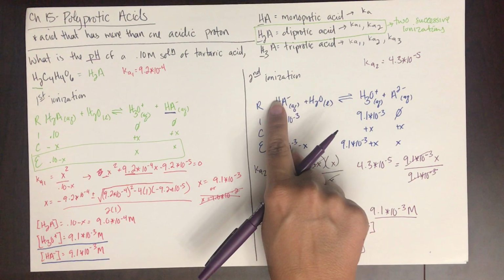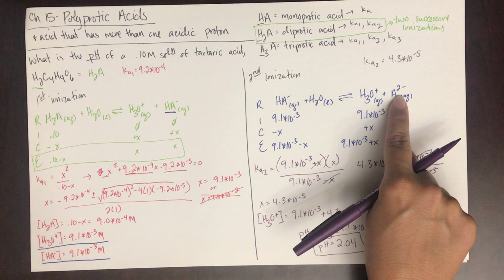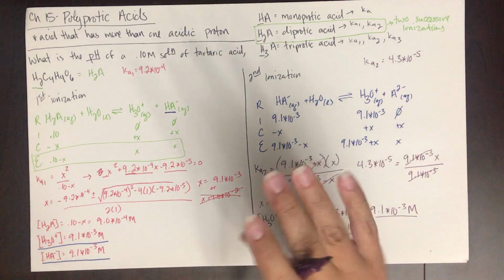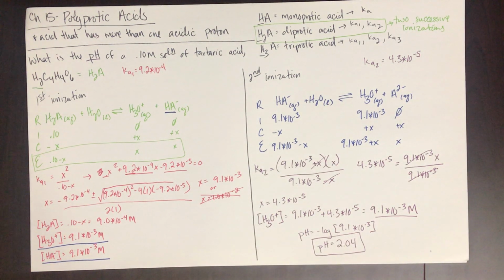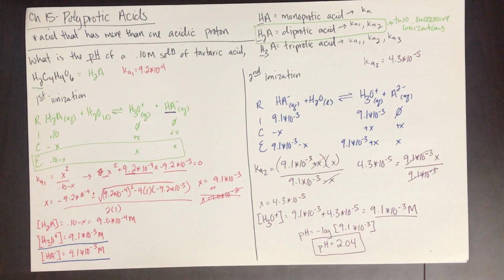HA minus is going to lose this hydrogen and it becomes A2 minus. So here's an example of a polyprotic acid, weak acid ionization using successive ionizations, Ka1 and Ka2, to solve for the final hydronium ion concentration, to use that to solve for the pH.